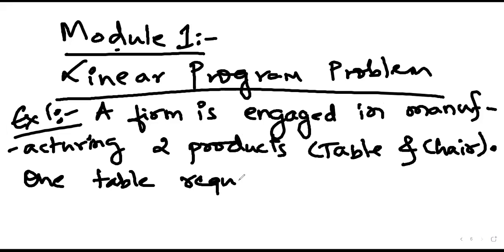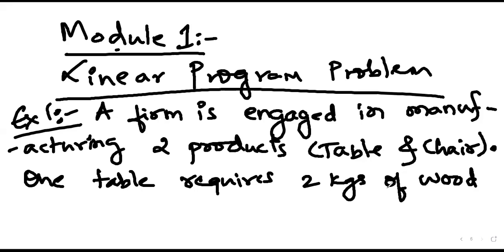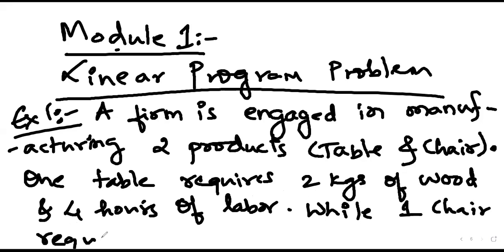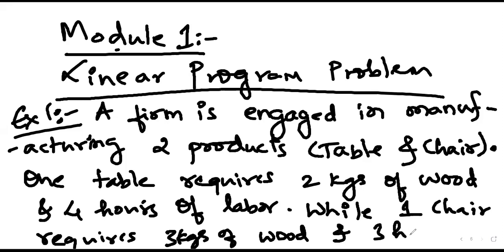One table requires 2 kgs and 4 hours, while one chair requires 3 kgs paper.